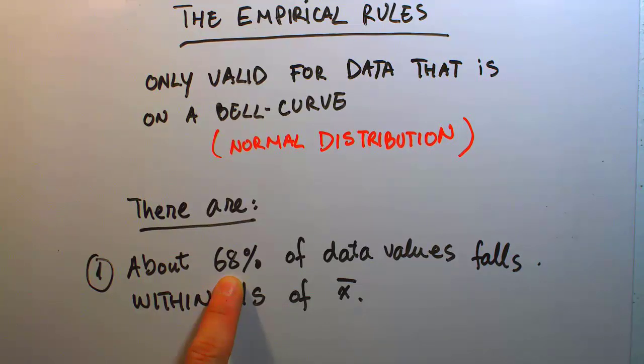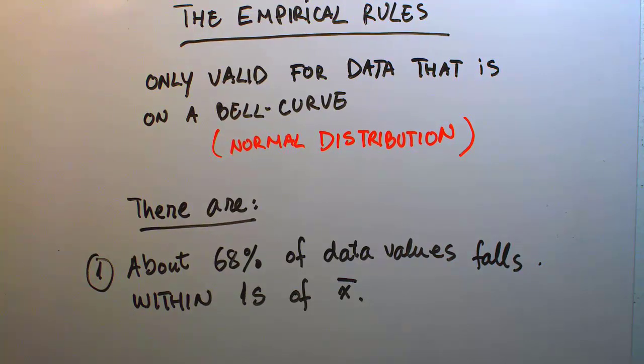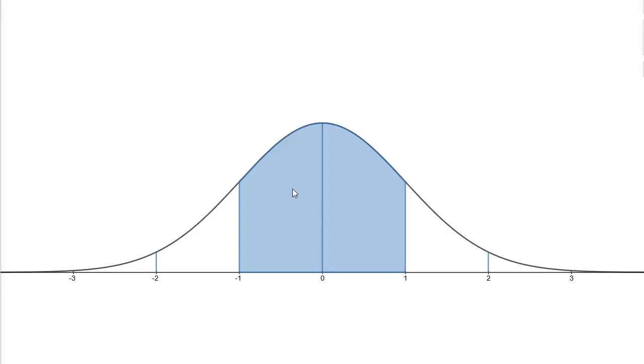Let's turn our focus back to the animation of the bell curve on my screen. If you were shading the entire area from the tiny tail on the left all the way out to the tiny tail on the right, all that is 100% of data, just like how I drew on my writing board earlier.